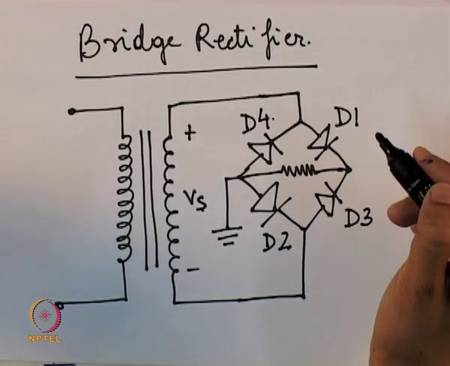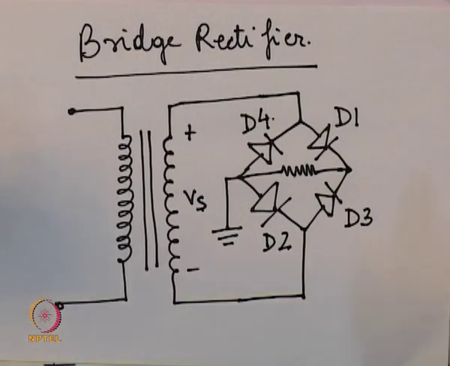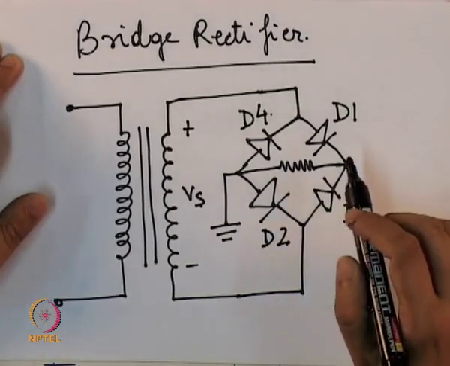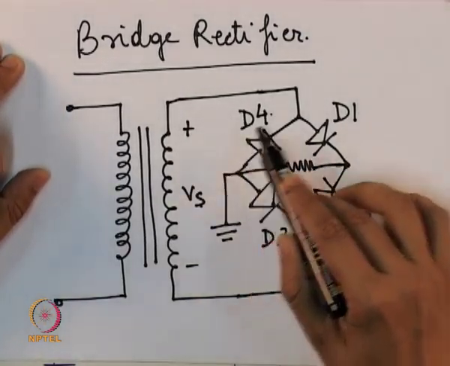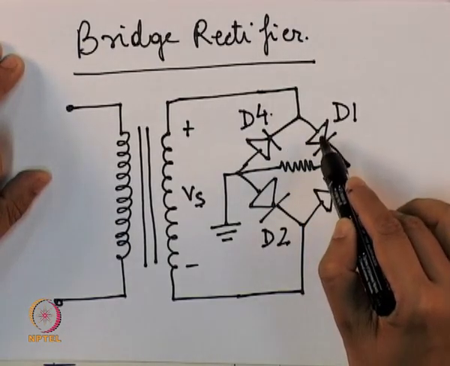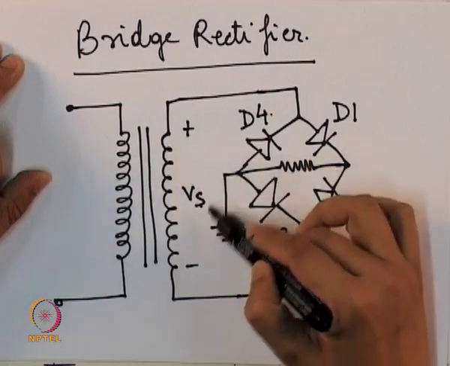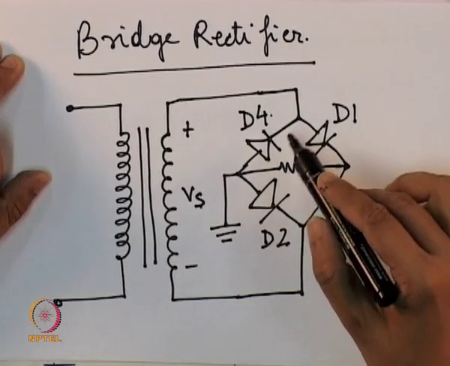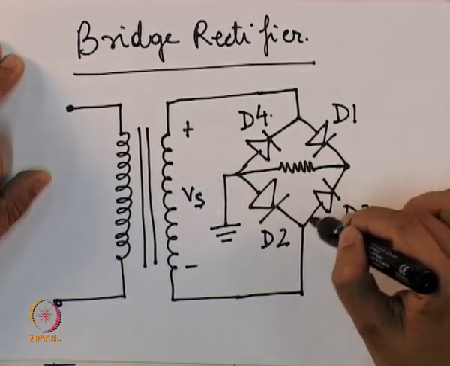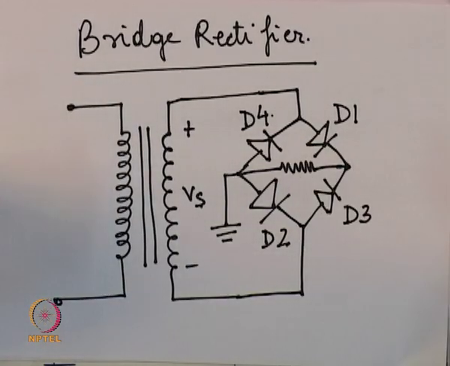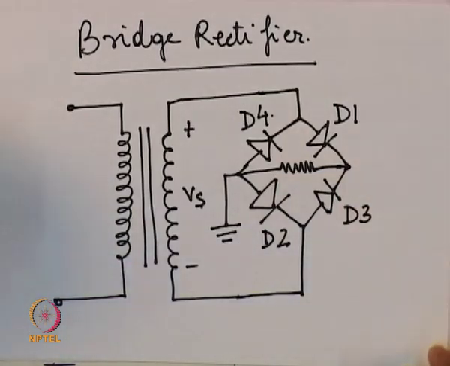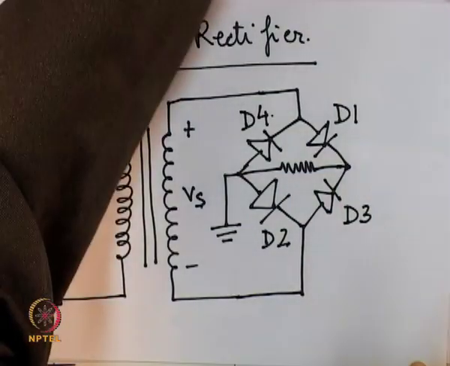The principal operation is similar to that of the full wave rectifier. During the positive half cycle, when Vs is positive, then D1 and D2 will be forward biased, and during the negative half cycle, D3 and D4 will be forward biased. So, overall the input and output relationship will be something like this.